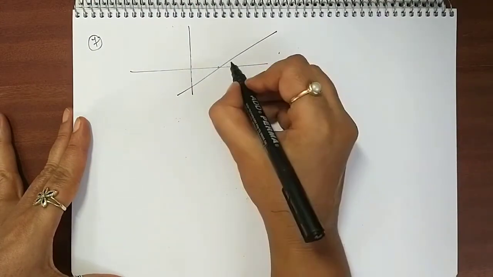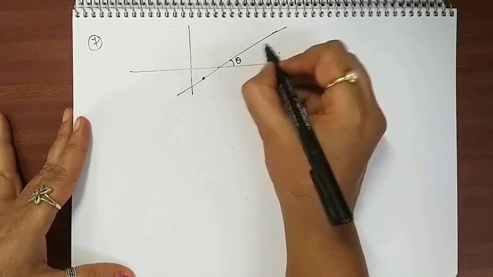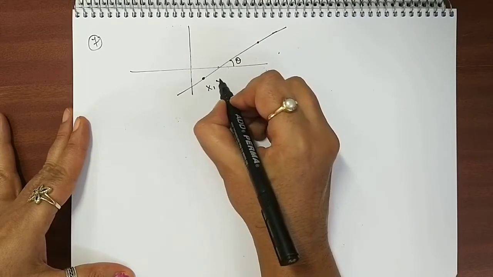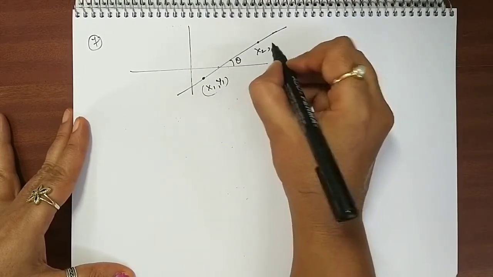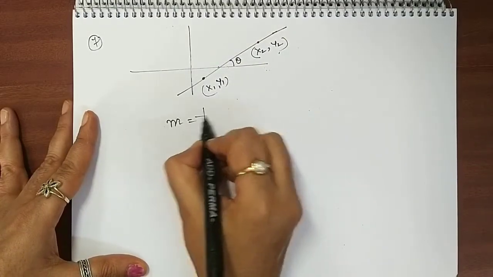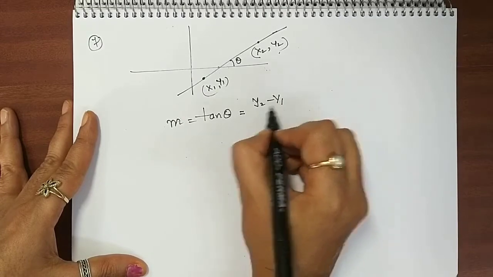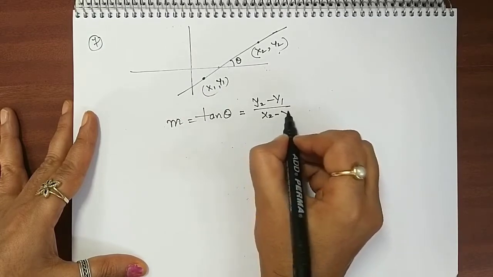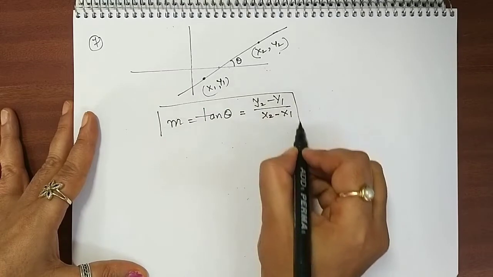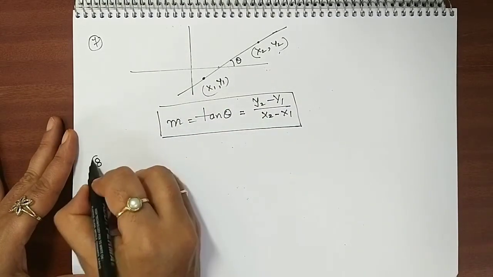Suppose this is your line, angle is also provided, and any 2 points here or here are also known. Okay, so both of those slopes, m is equal to tan theta, that slope, and this slope which is y2 minus y1 by x2 minus x1, both are the same thing only. Understood? So we will utilize this also for some of the problems.